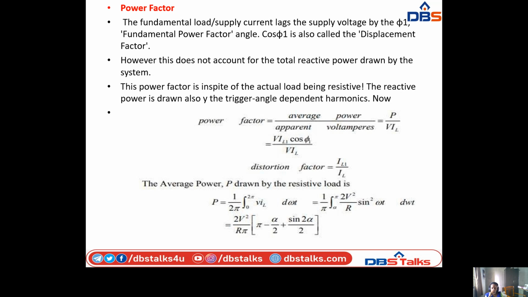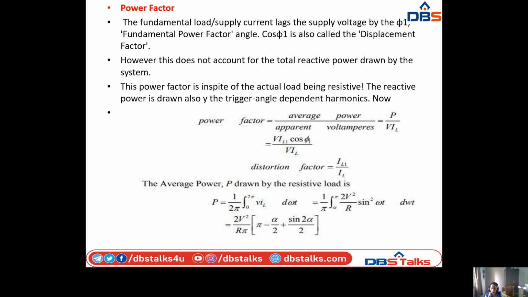However, this does not account for the total reactive power drawn by the system, even though the actual load is resistive. So reactive power is drawn, and there is also trigger angle dependent harmonic.